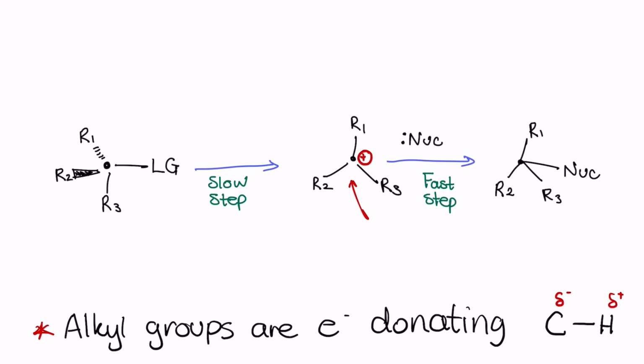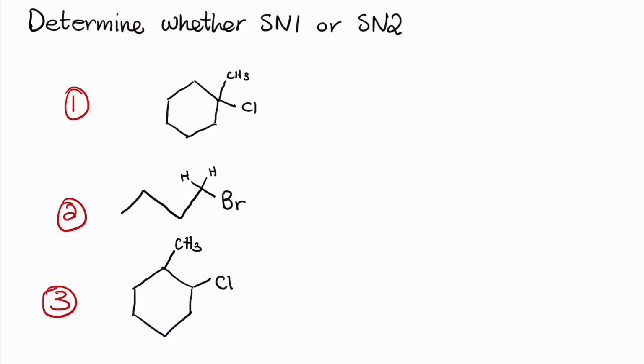Now, it's important to note that these R groups, or these alkyl groups, are electron donating. And this is because this carbon is slightly more electronegative than the hydrogen here. And because of this electronegative carbon, it helps stabilize this positive charge on the adjacent carbon next to it. So essentially just spreading the load of this positive charge here.